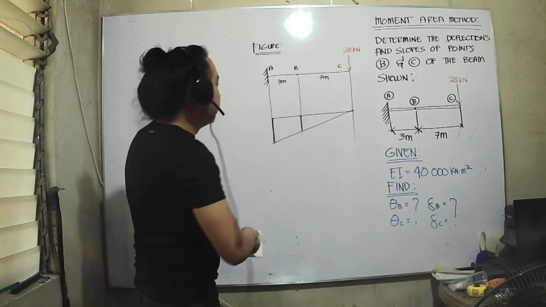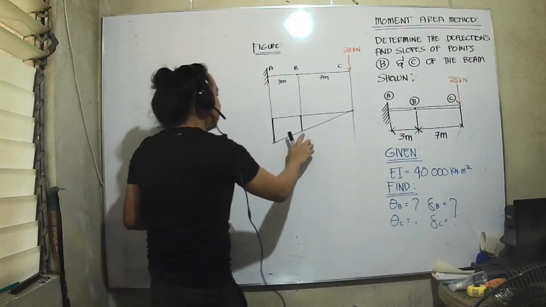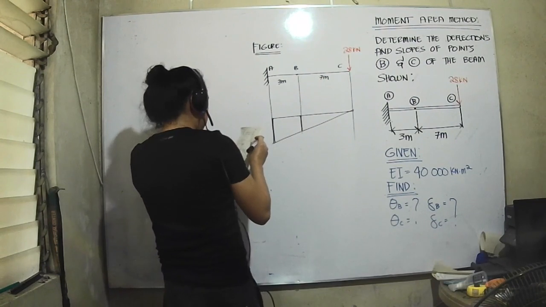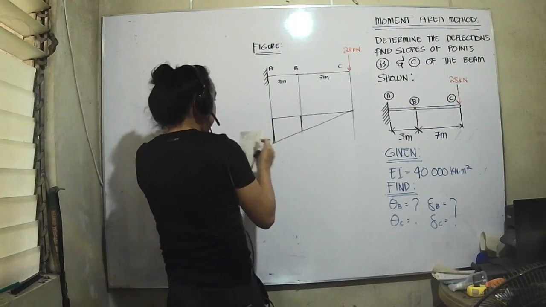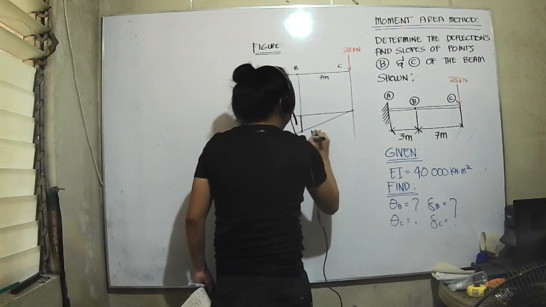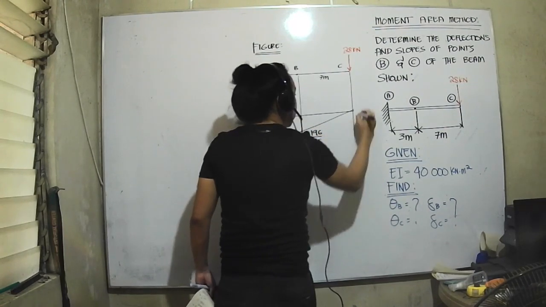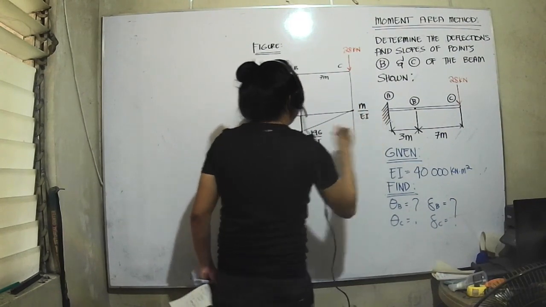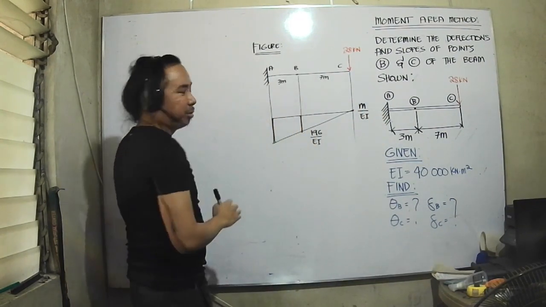If I solve this, this is 28 times 7. That would amount to 196 over EI, okay? Again, this is our M over EI diagram.